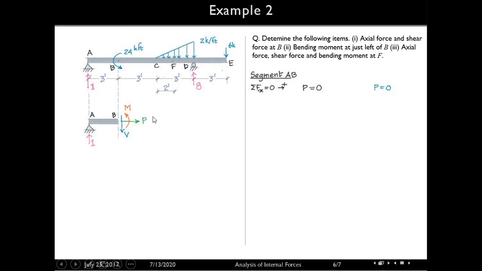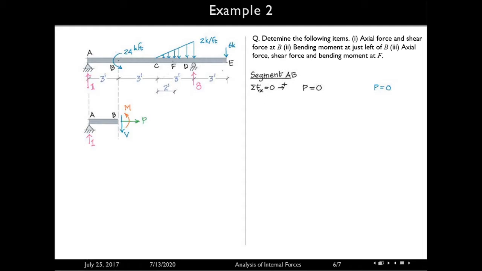So let's do it. Using summation of Fx equals 0, we can see that in this portion, the AB segment, the only force in the x direction is P, which is positive as we have considered rightward as positive. So only P, and the value of P will be 0 as the summation of Fx is 0.